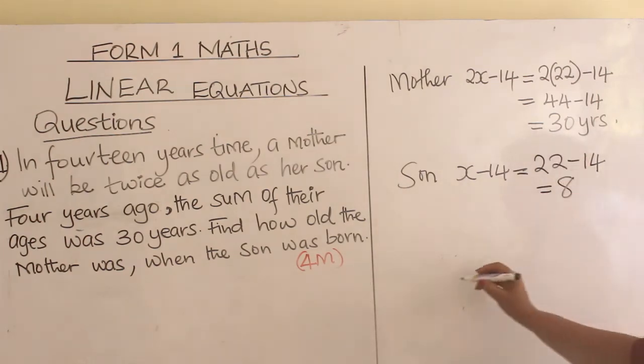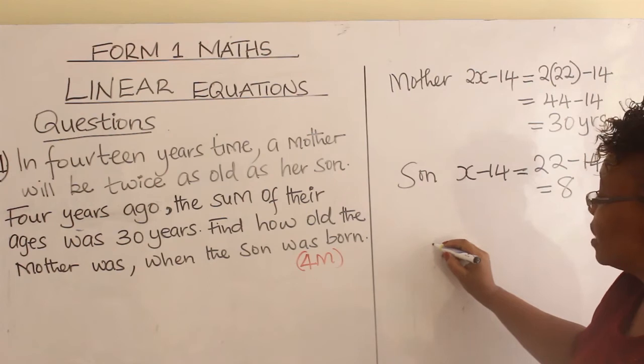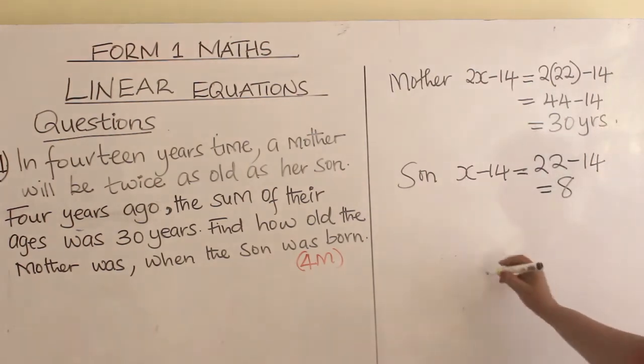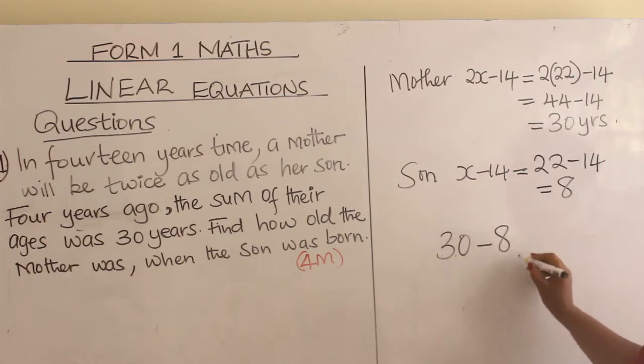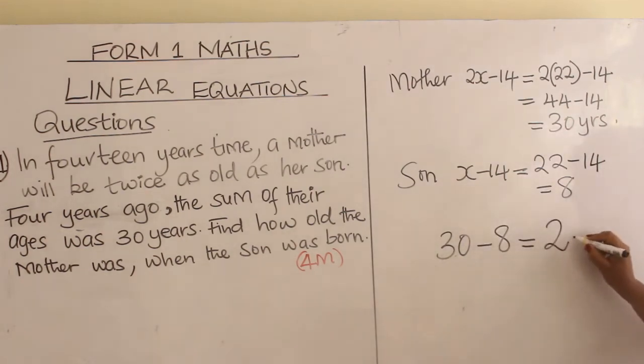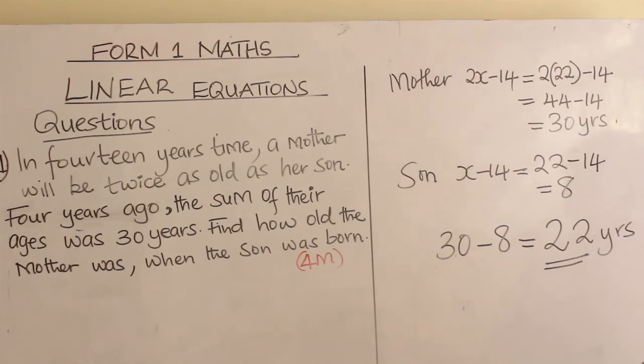The age difference: you just subtract. You take the age of the mother today, you subtract that of the son, and therefore you should get 22 years old. When the son was born, the mother was 22 years old.